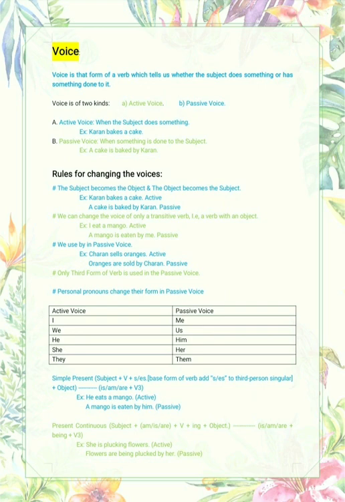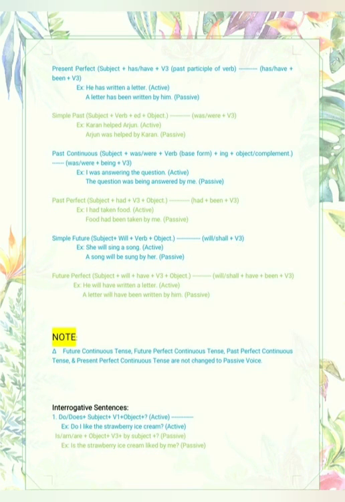Now we will do present continuous. In present continuous, we always see subject, then am, is or are, then verb first form plus ing plus object. Now when we convert this present continuous sentence into passive, we will have to add is or am or are, plus being, plus V3. For example, she is plucking flowers. This entire sentence is in present continuous tense and it is in active voice.